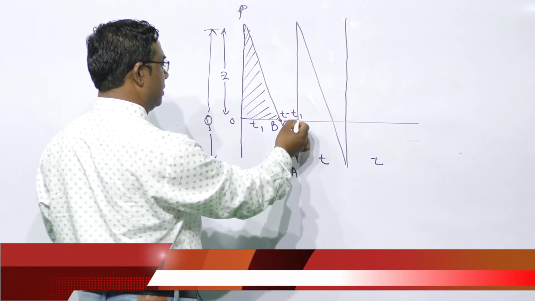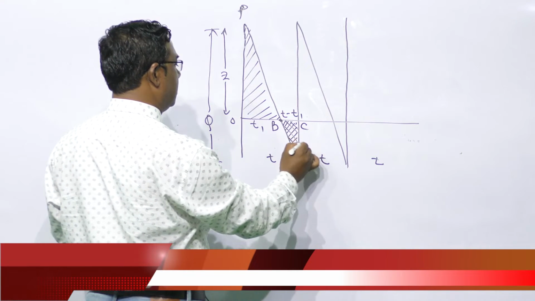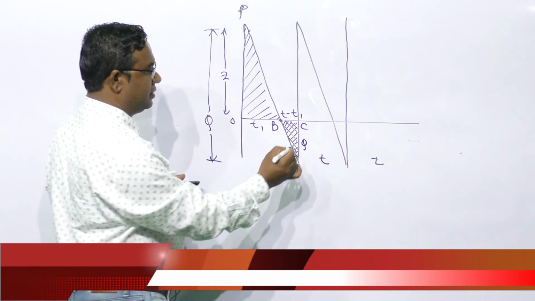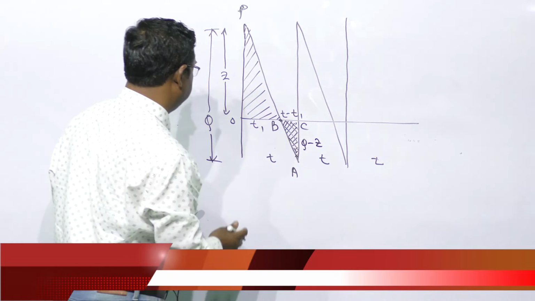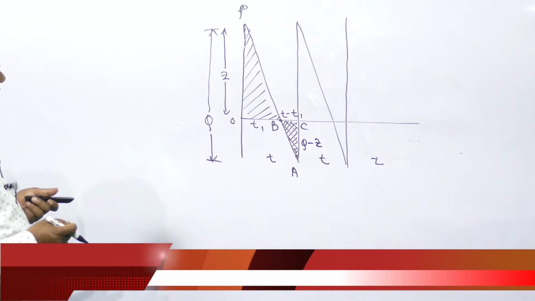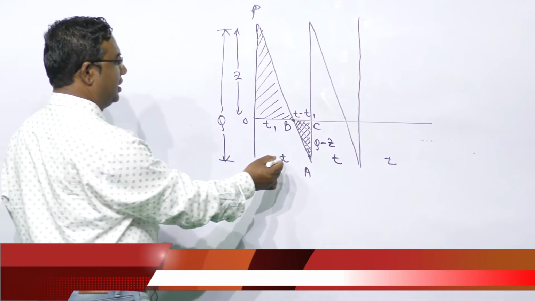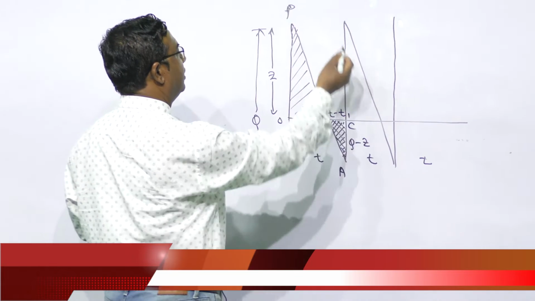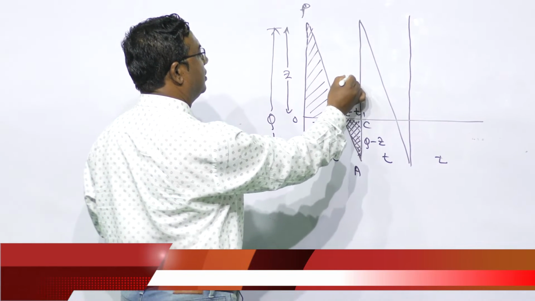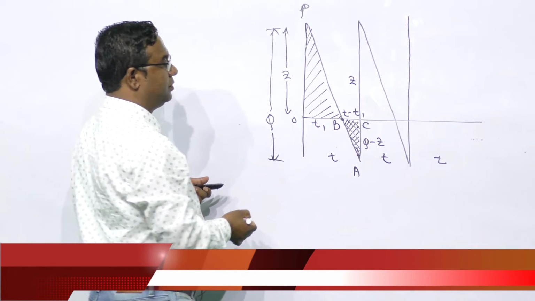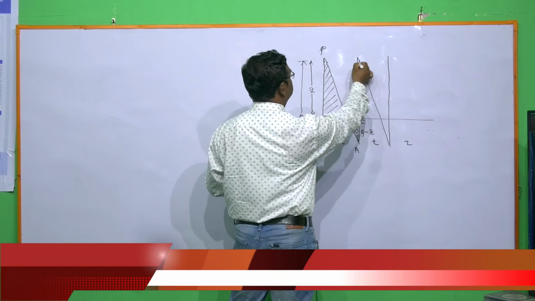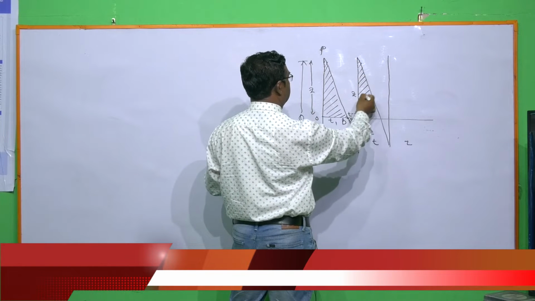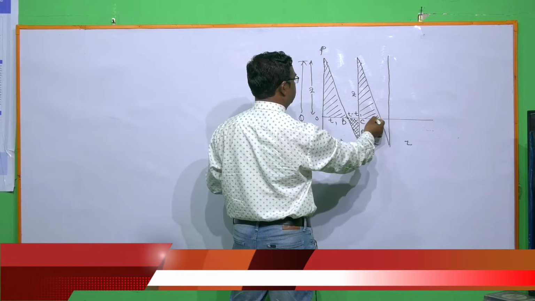So the level of AC is Q minus Z. So after the interval T, again the optimal level of the inventory is Z, and this is the inventory level.